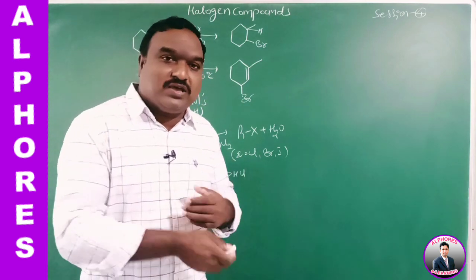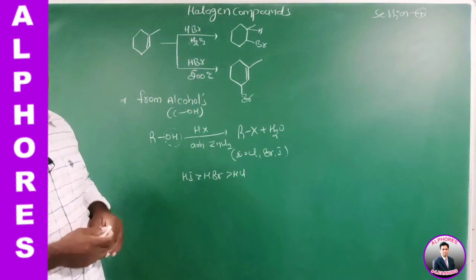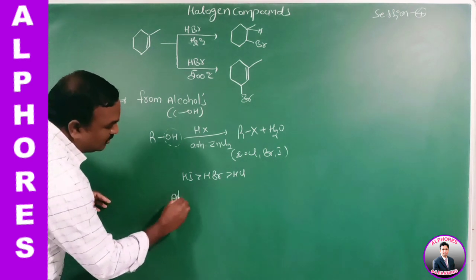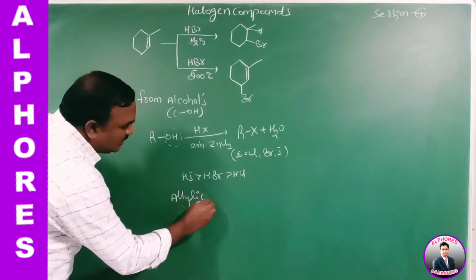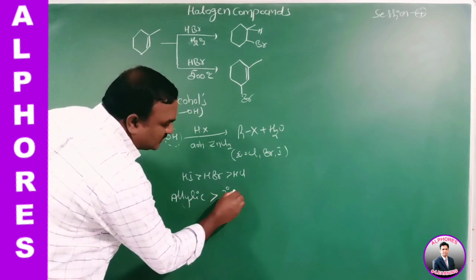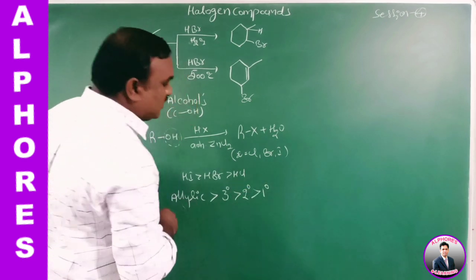In the same way, how to write the reactivity order of the given alcohols? Allylic alcohols reactivity is greater than tertiary alcohols, which is greater than secondary alcohols, which is greater than primary alcohols.